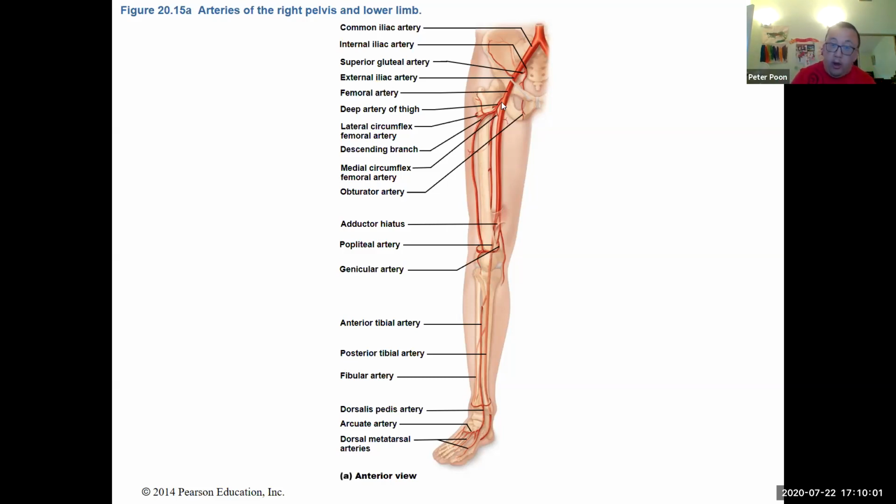Near the groin, the femoral artery is really superficial, and you can really kind of easily stab into it and bleed out, actually. And then it comes down, it goes deeper, and comes out the back of the knee as the popliteal.